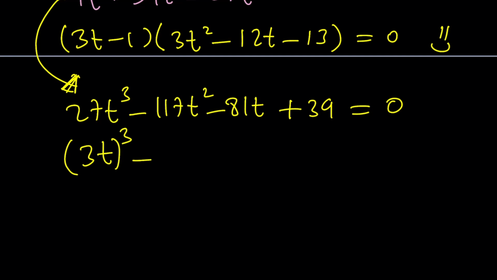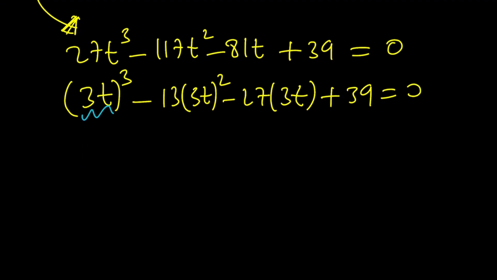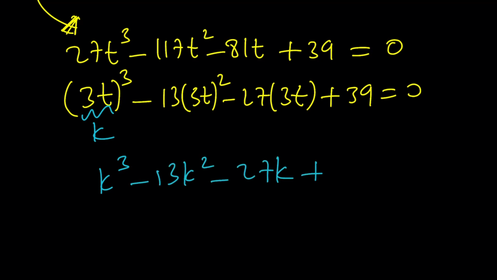You get the idea? So now what I can do is I can basically write this as a polynomial in 3t, which is nice because then I'll change variables. Basically, you could also do that a little differently, but in this case, I can go ahead and replace 3t with something. How about k? That gives me k cubed minus 13k squared minus 27k plus 39 equals 0.